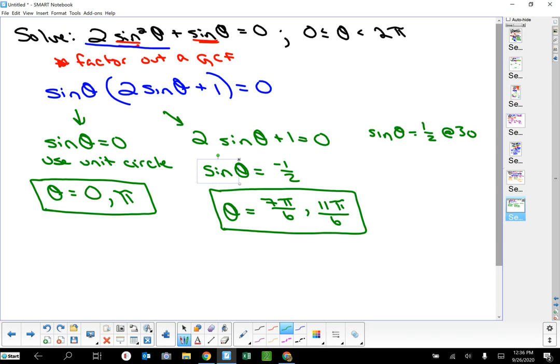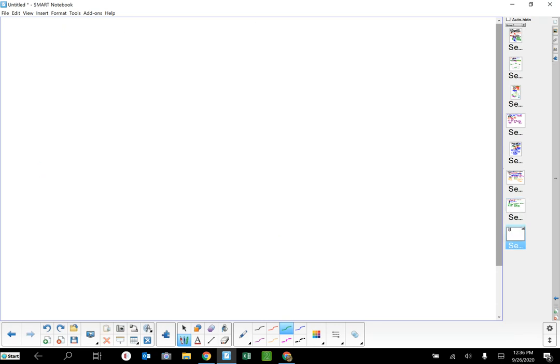Let's see. What's the next one? The next one throws a couple of curveballs in your direction, so we want to make sure that you know how to handle that. And this is the last one. So this says solve 3 cosecant theta plus 6 equals 0.